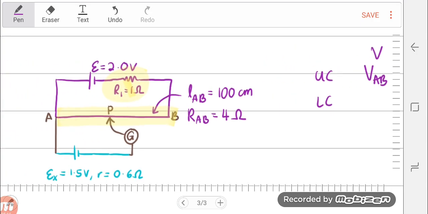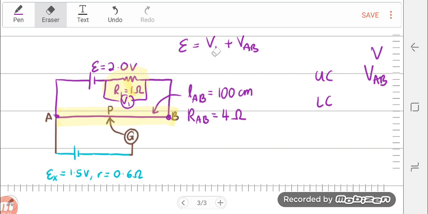Because V1 plus VAB equals the EMF, since R1 and RAB are arranged in series.